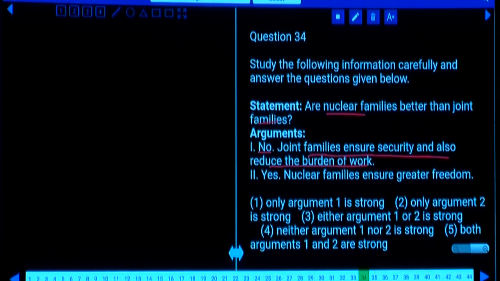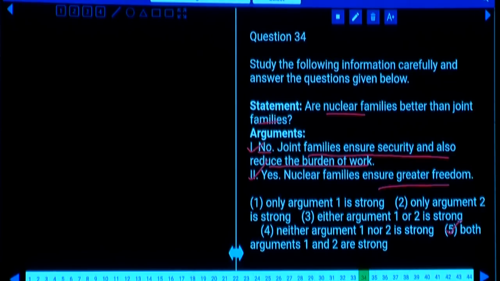So whether nuclear families are better or not, joint families are better because of the security, and the workload will also come down. 1 is strong. Second, 'yes' means nuclear families are better. Why are nuclear families better? Here he has given greater freedom. There will be freedom. There is an advantage or not? Hence what is your answer here? Both 1 and 2 are strong. Both 1 and 2, choice 5 is the answer.